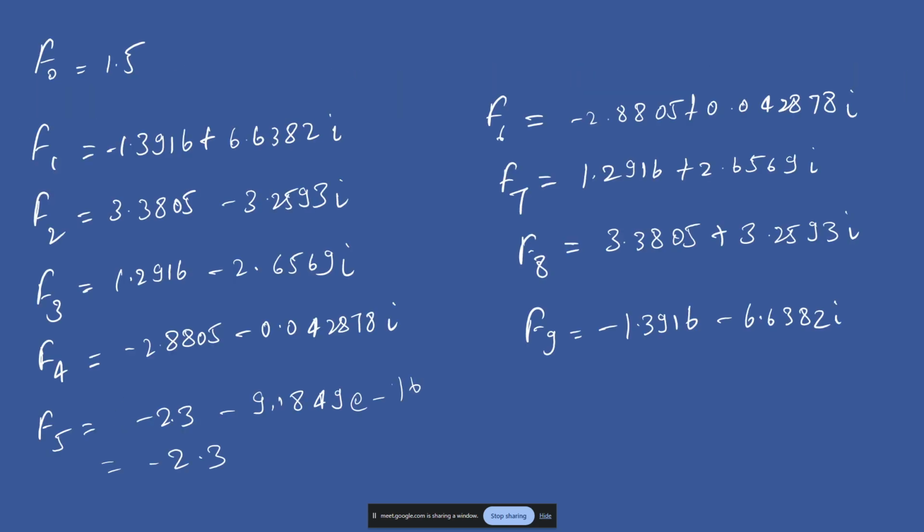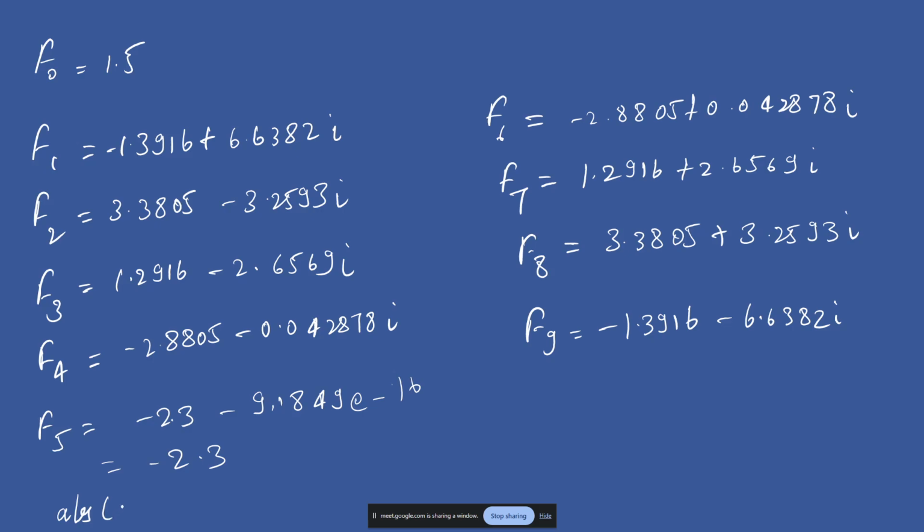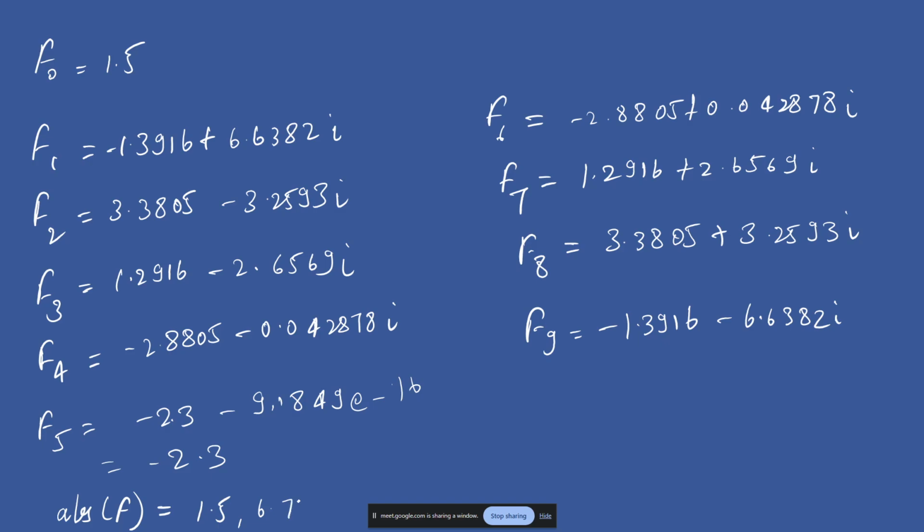So the absolute values of f which I have with me are 1.5, 6.7825. Yeah, so I think you can obtain the rest of the absolute values to get the final discrete values.